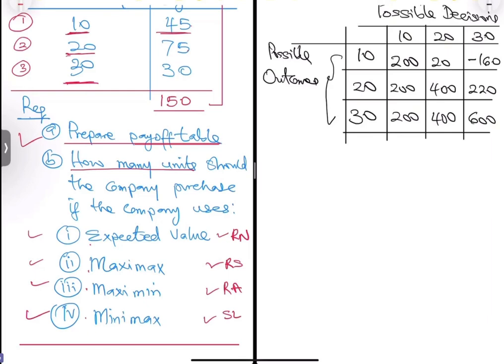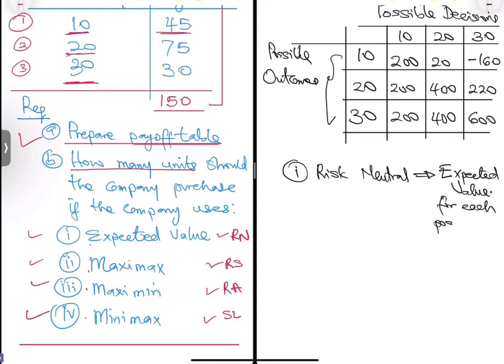So let's look at the first scenario, which is when they are risk neutral. In that case, we need to calculate the expected value, which means we're going to calculate expected value for each possible decision.